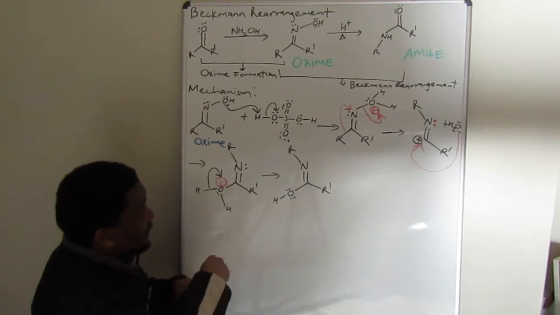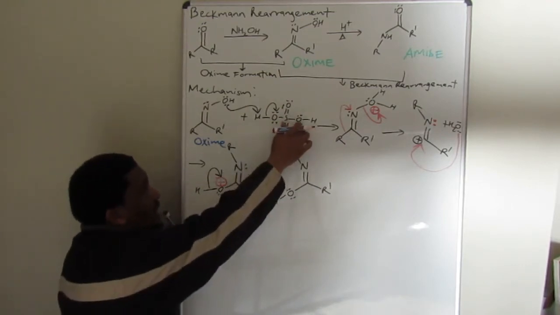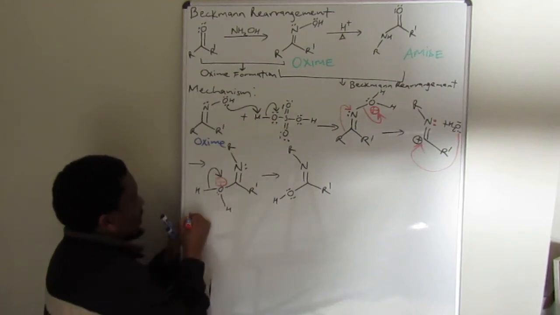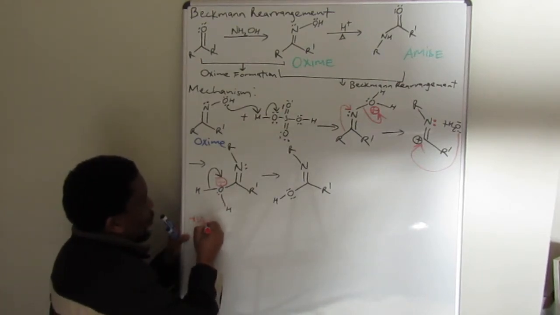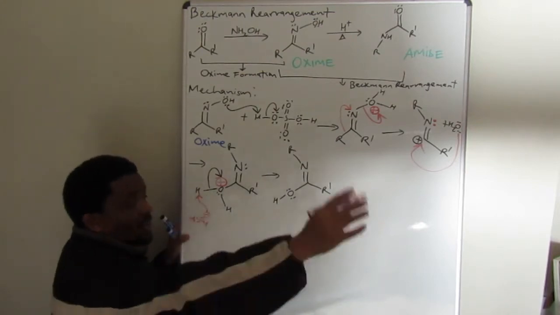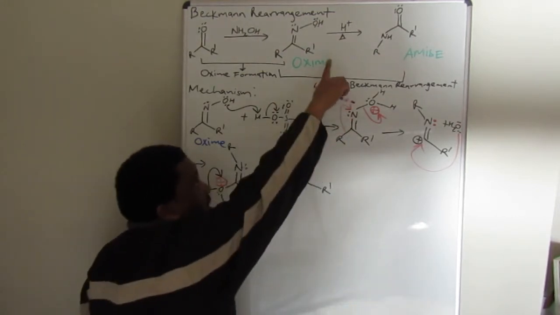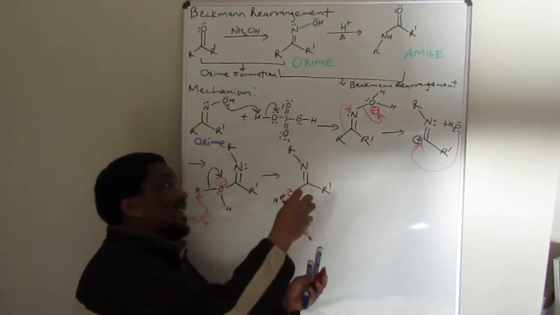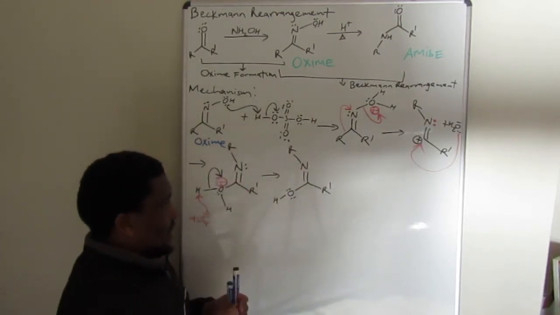Remember that in that reaction we still had HSO4 minus. It is the one that will pick up that H plus to reform the acid, which was added there as a catalyst.